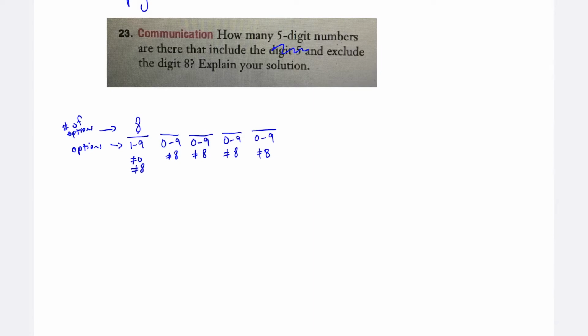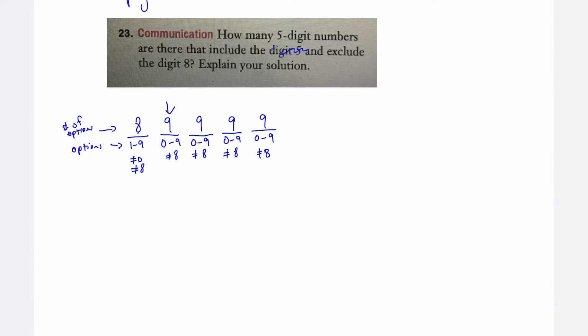Then the second digit could be a 0, 1, 2, 3, 4, 5, 6, 7, or 9, which gives me 9 options. And each of the others would have 9 options.